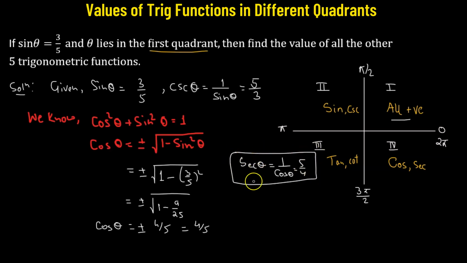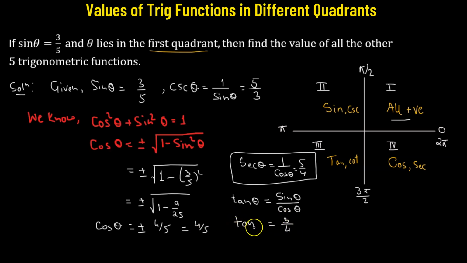Let's note it down. Now we have to find out the value of the remaining 2 trig functions, which are tangent theta and cotangent theta. We'll start with tangent theta. We know the tangent function is the ratio of our sine function to that of a cosine function. We have the value of sine theta as well as cosine theta. So sine theta is 3 over 5, and that's divided by 4 over 5. That means we are going to get 3 over 4.